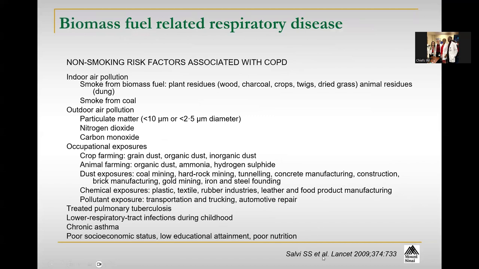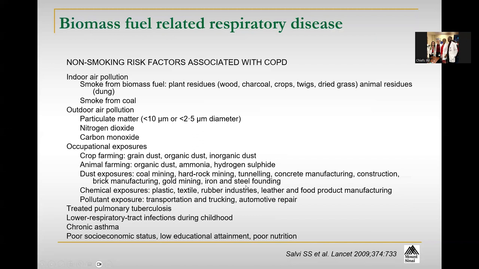So this was a review that is already a little bit dated, but it actually hasn't lost validity. It was excellent, published in Lancet about 15 years ago, where the authors reviewed non-smoking risk factors associated with COPD. They are listed here: indoor and outdoor air pollution, occupational exposures, and there are a variety of settings: crop farming, animal farming, dust exposures like in coal mining, in gold mining, hard rock mining, tunneling, concrete manufacturing, construction.